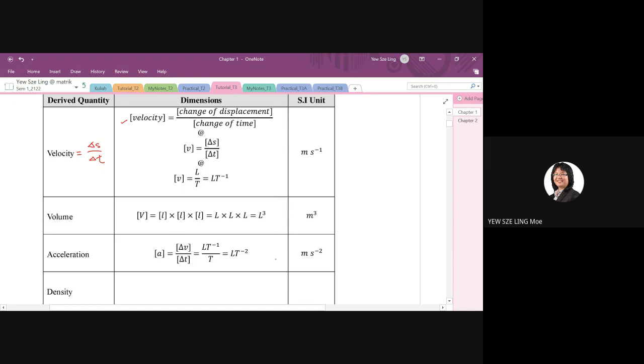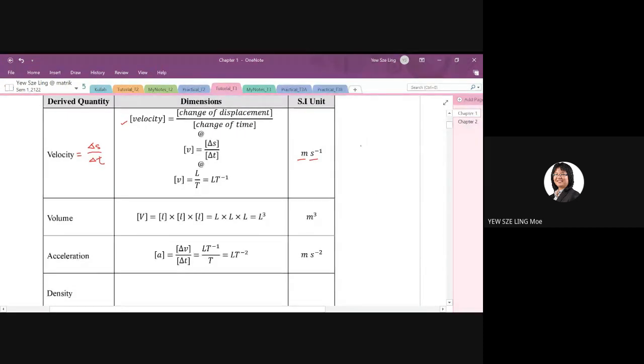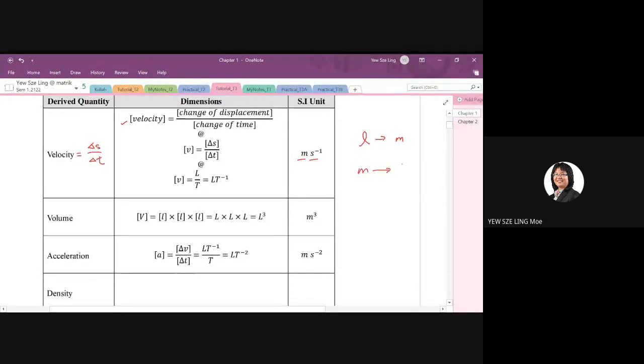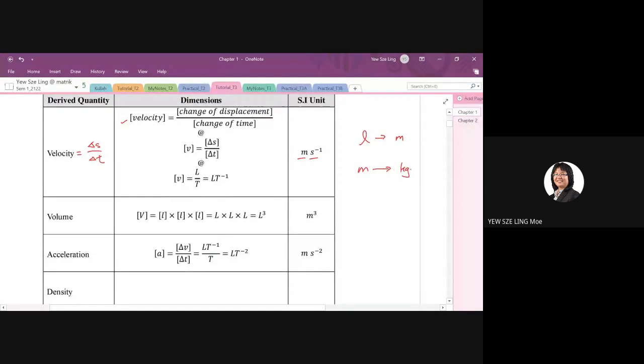And there are two types of SI unit. The first one is the SI unit in terms of length in meter, time in second, and mass in kg. The most often seen ones: length in terms of meter, and mass in terms of kg. This is the SI unit, not gram. And then time in terms of second.